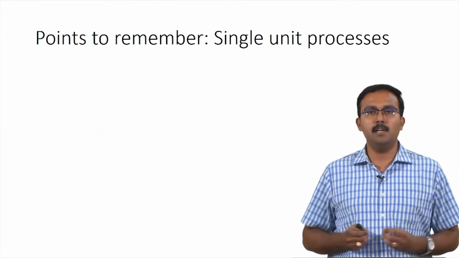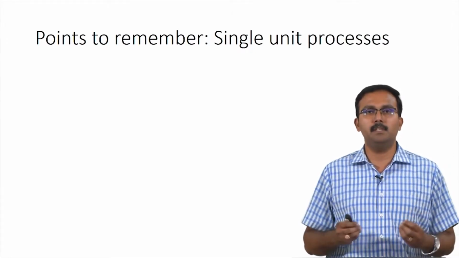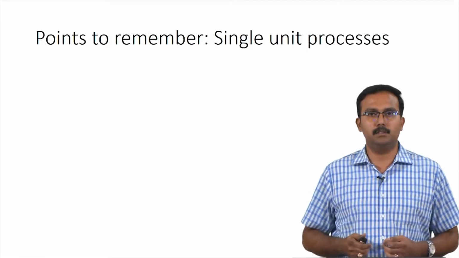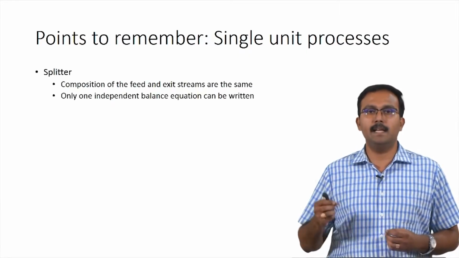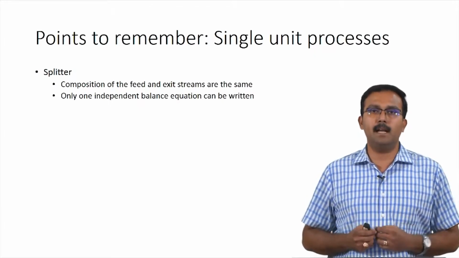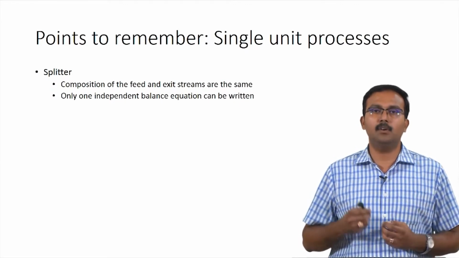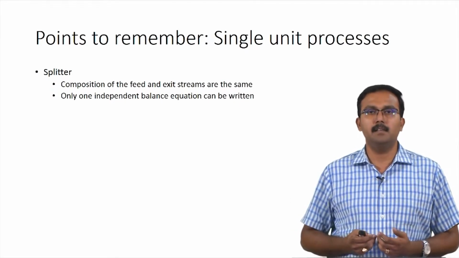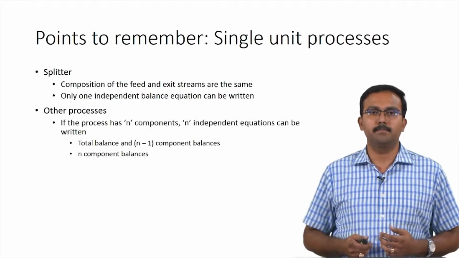When we talk about single unit processes, what are the points we need to remember about some of the common single unit processes? For a splitter, the composition of the feed and the exit streams are the same, which means only one independent balance equation can be written, which is either the total mass balance or one of the component balances, which would eventually be simplified to the total mass balance.